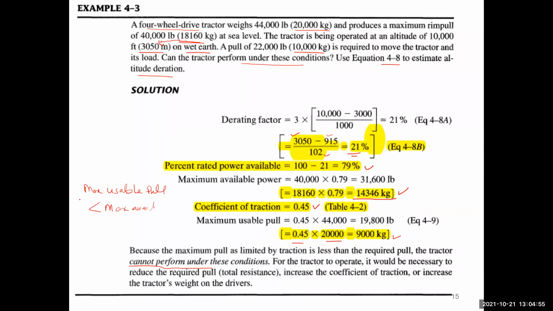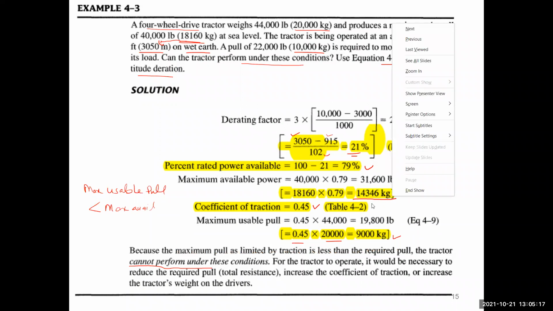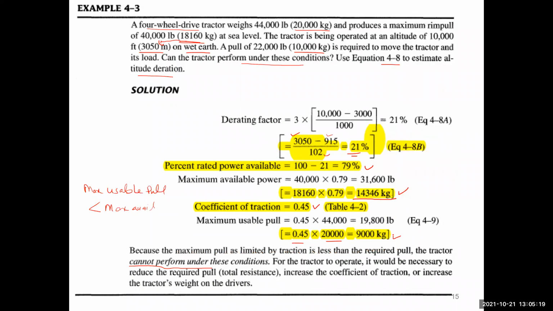So the tractor cannot perform under these conditions, because the maximum pull as limited by traction is less than the required pull, that means the required pull is 14,346 kilograms. Therefore this tractor cannot perform under these conditions.